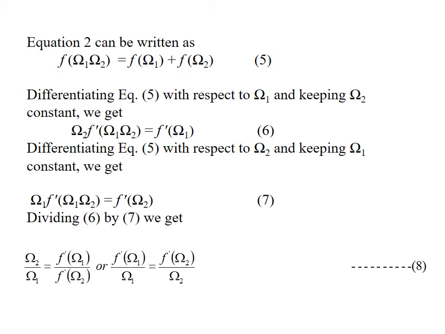On further simplification and dividing equation 6 by 7, we get the expression omega 2 divided by omega 1 is equal to f dash of omega 1 divided by f dash of omega 2.